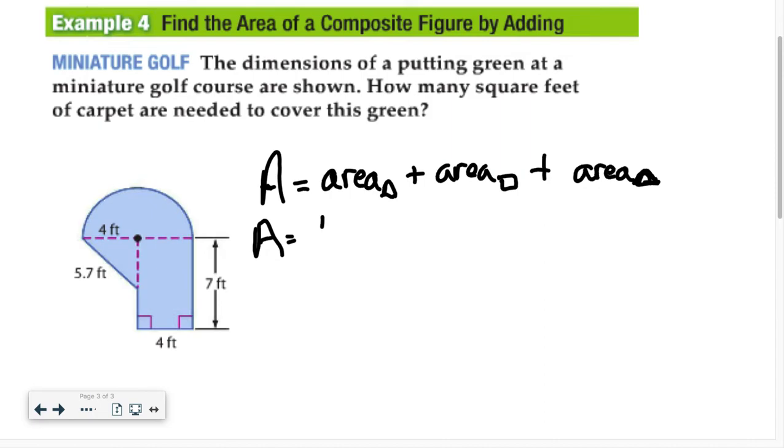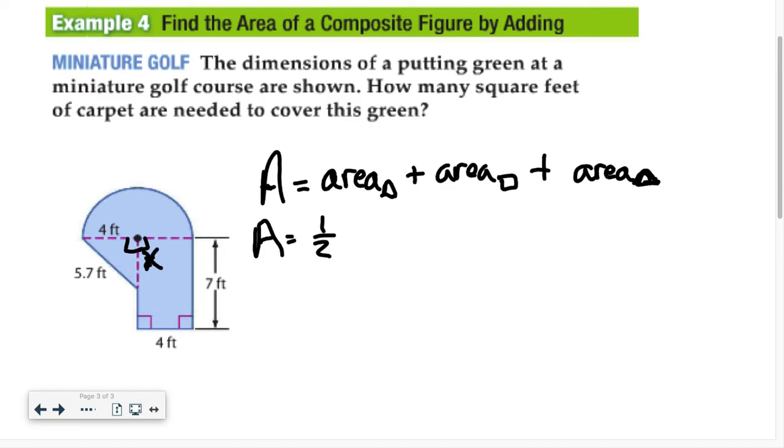So area is 1/2, for the triangle, 1/2 base times height. This is a 90-degree angle. All those angles there are 90 degrees. So the base of that would be 4 feet. However, we need to know the height.